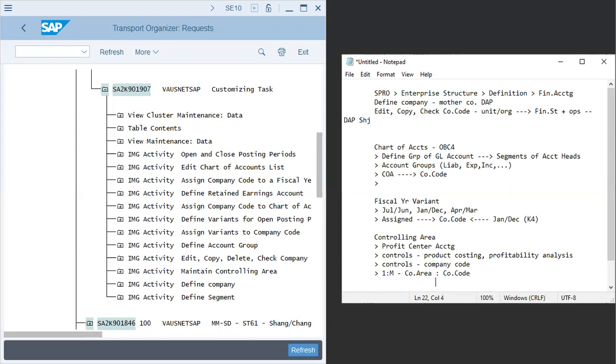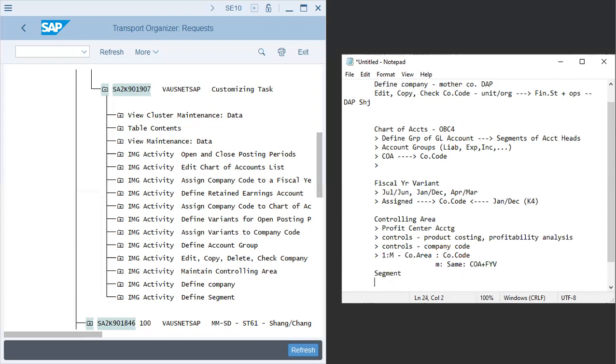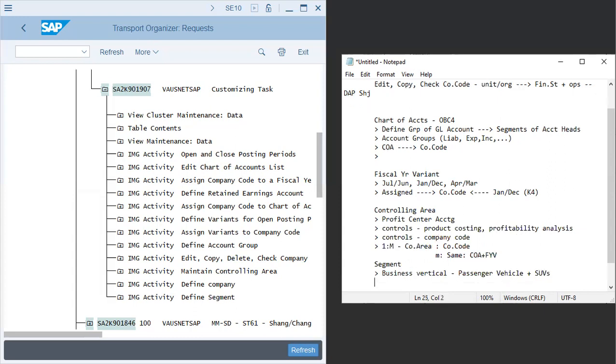So multiple company codes will need the same chart of accounts plus fiscal year variant. Okay. Segment. This is nothing but business vertical that we have already assigned as passenger vehicle plus SUVs. Okay.